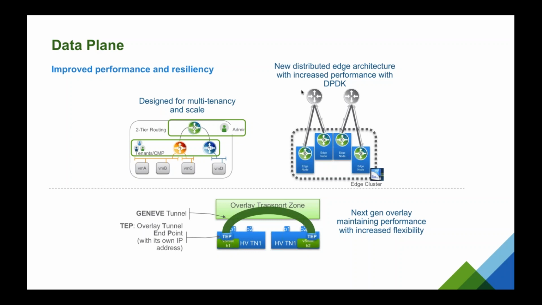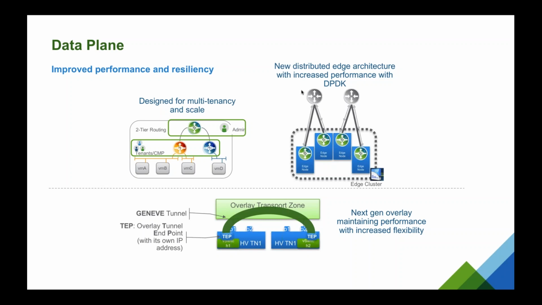Of course, if you want to exit and enter the logical network to the physical network, you still need some central place to do so. That central place is what we call the edge gateways. And those edge gateways are either physical form factors, so software installed on a bare metal server, or VM form factor, so basically your edge gateway deployed as a VM.